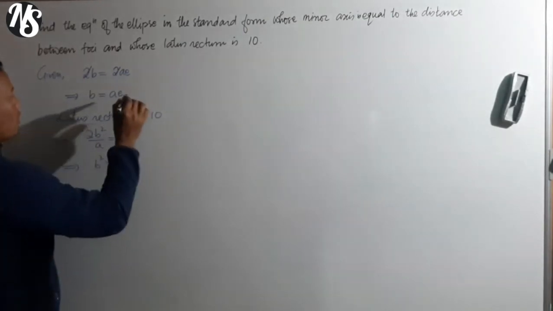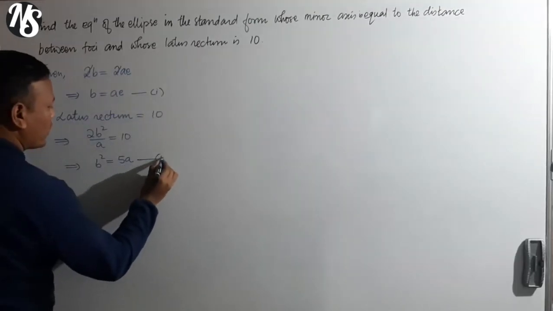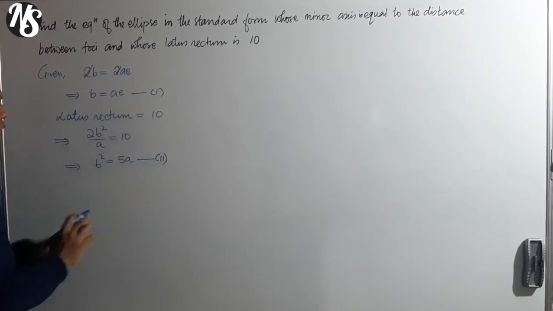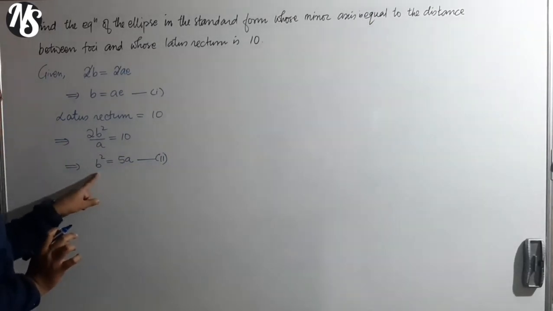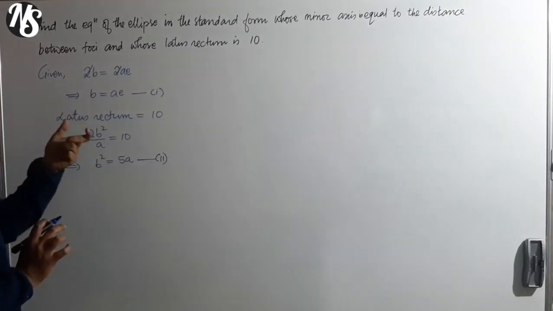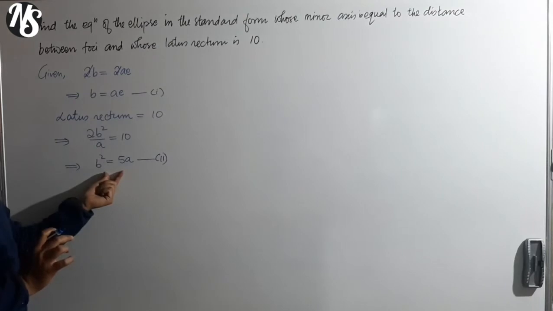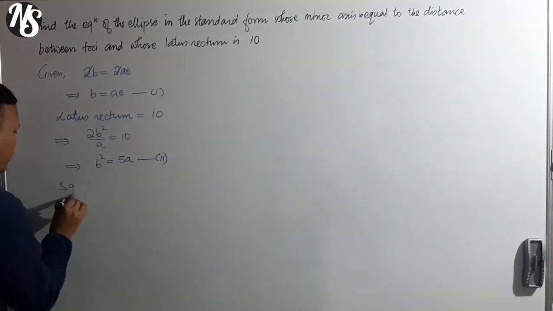Okay, now if you call this as 1 and this as 2, since we have got b square out here, let's square 1. After squaring 1, I'm going to use 2 in the squared part.